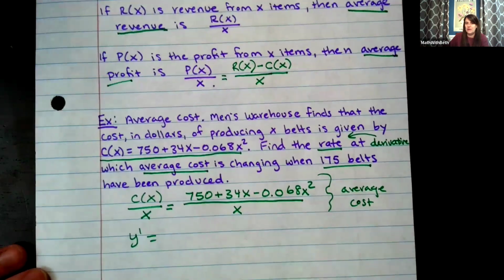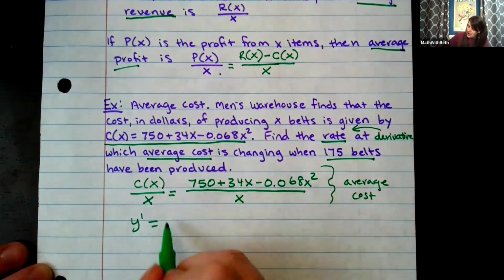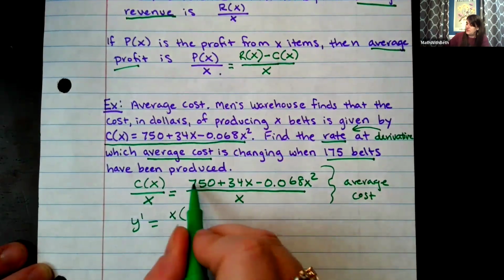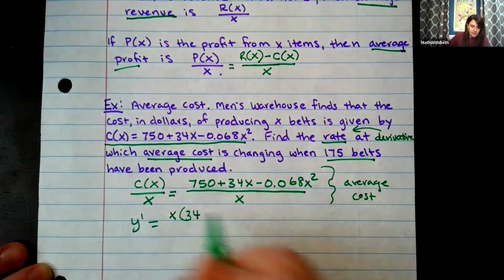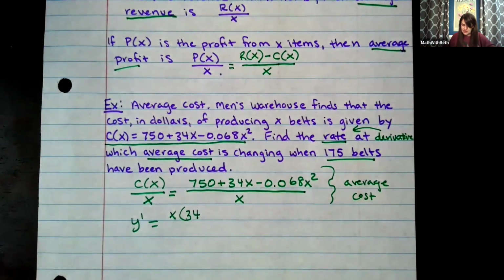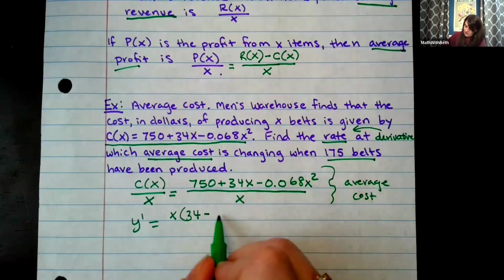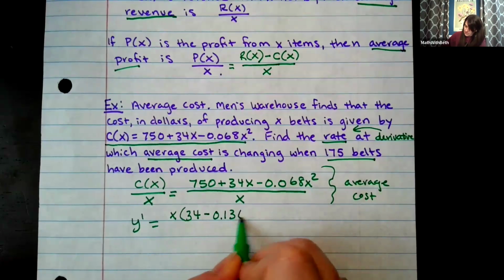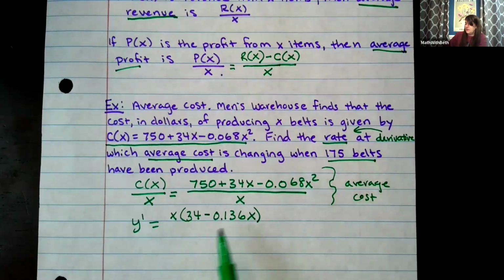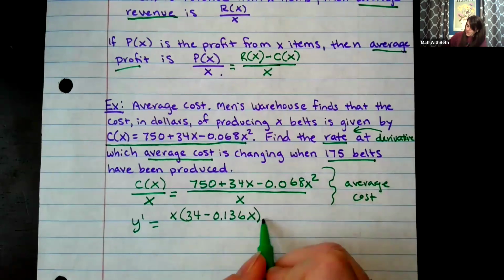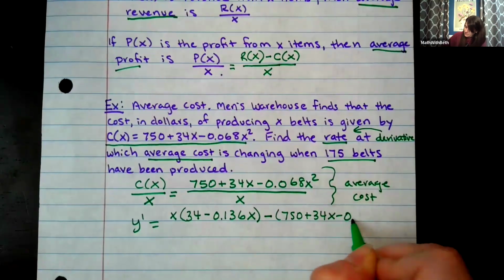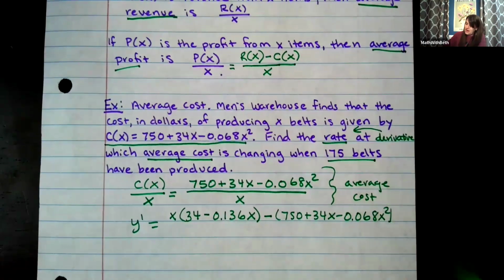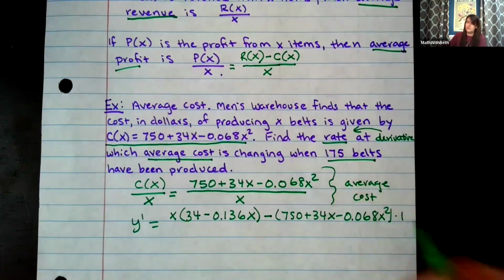So hopefully you already know how to do the quotient rule, which means we have to take the bottom function times the derivative of the top function, which in this case would be 0 plus 34, minus, we need to multiply the 2 here, X. So this is the bottom function times the derivative of the top, minus the top function times the derivative of the bottom function, which in this case is just 1.